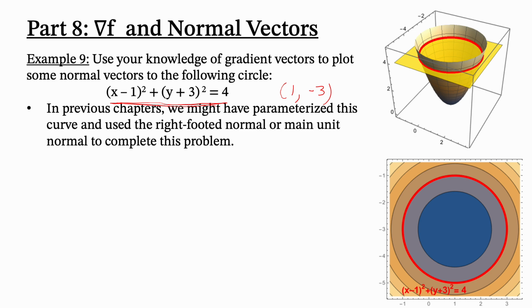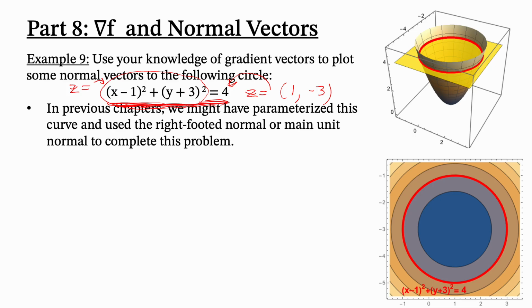So this is pretty wild, but we can think of this circle as being an intersection between two surfaces. So we could think of z equals this guy, and we could think of z equals that guy. And that would be a paraboloid intersecting with a horizontal plane.